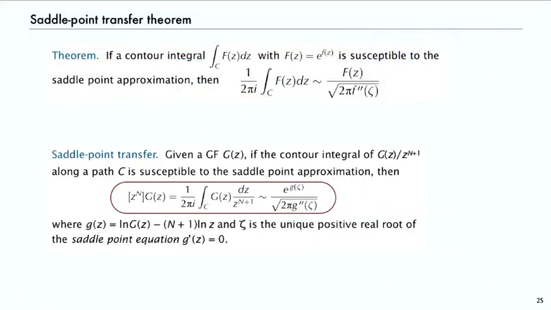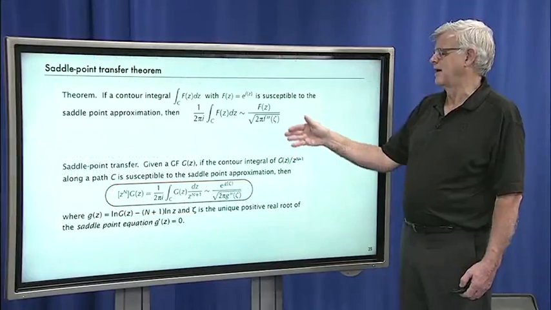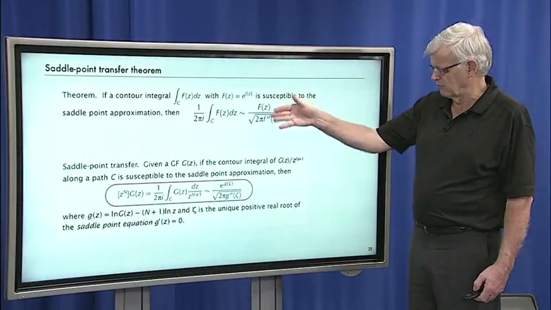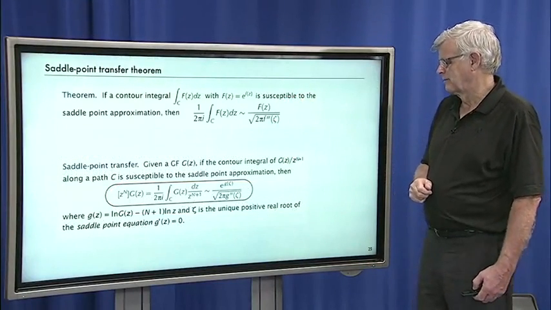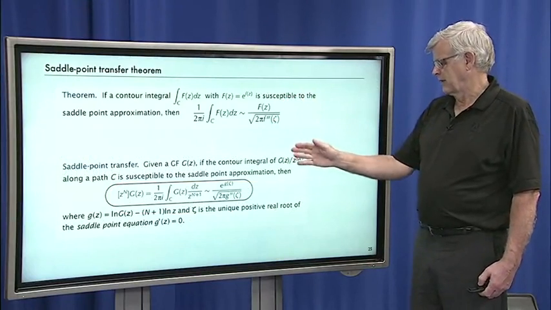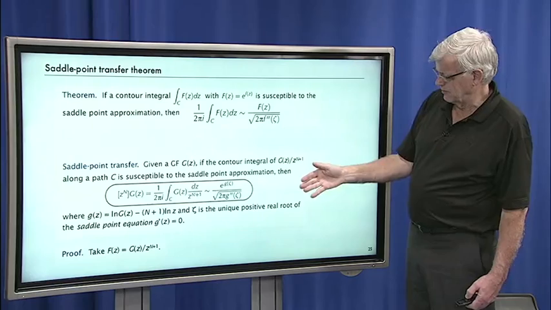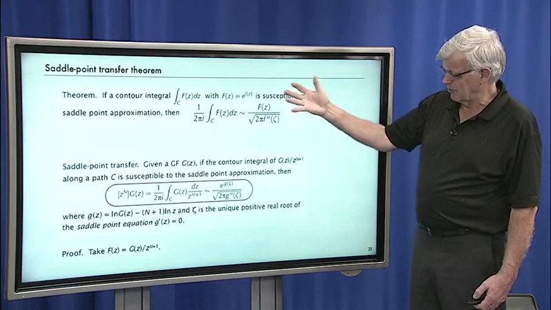So that's the theorem, but what we want to use it for is a transfer method for a generating function. So just translating that over to our use of Cauchy's theorem, where we're looking for the coefficient of z to the n in a generating function, then what we want to do is just apply this theorem with f of z equals g of z over z to the n plus 1. That's all that is plugging into the general theorem.